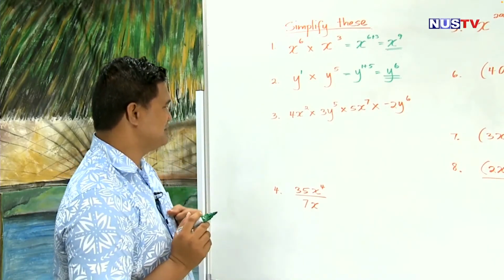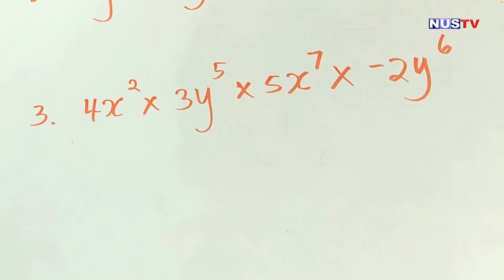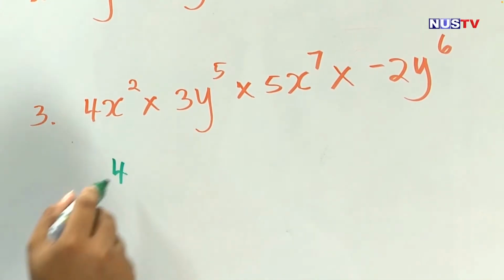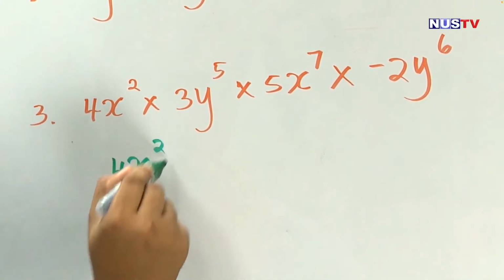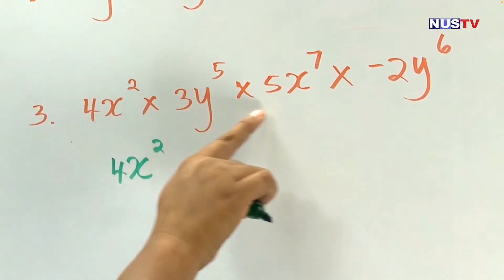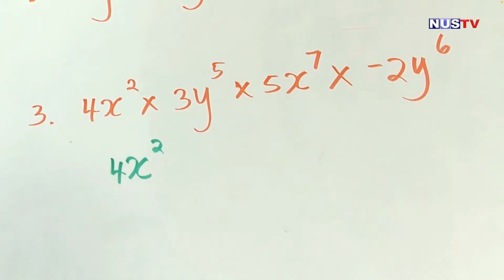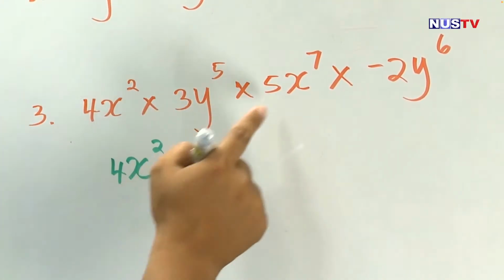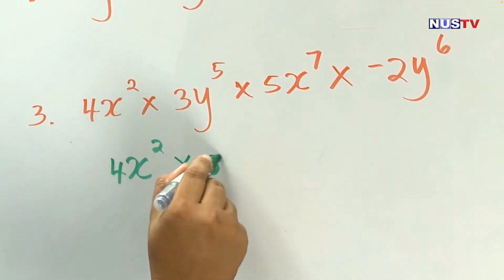So let's simplify by putting together our base x and our base y, so it's easier to look at. For this one, we bring our 4x squared here and then look across to see if we can find another base x. Now we have 5x to the power of 7.